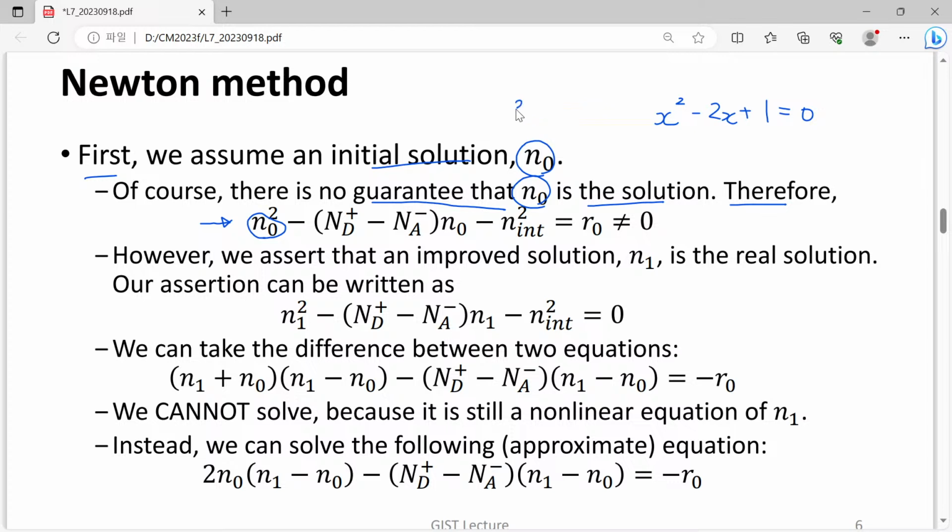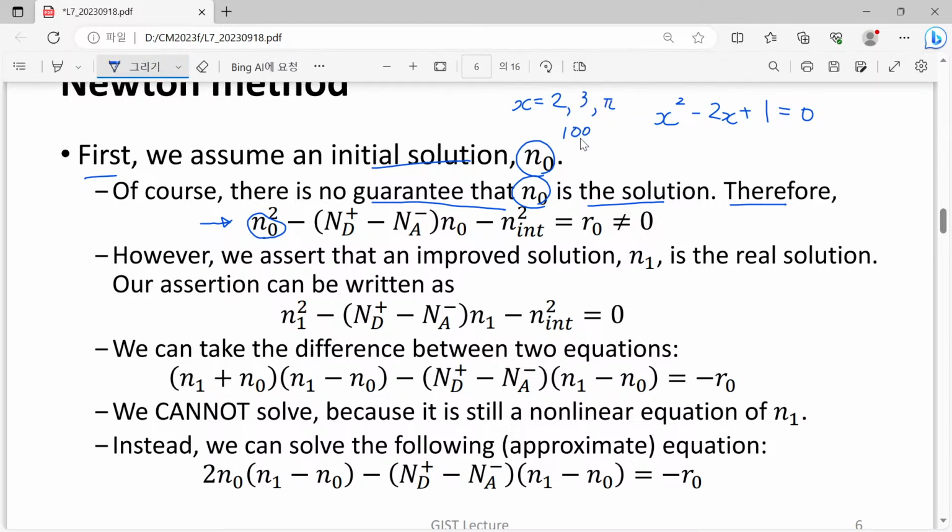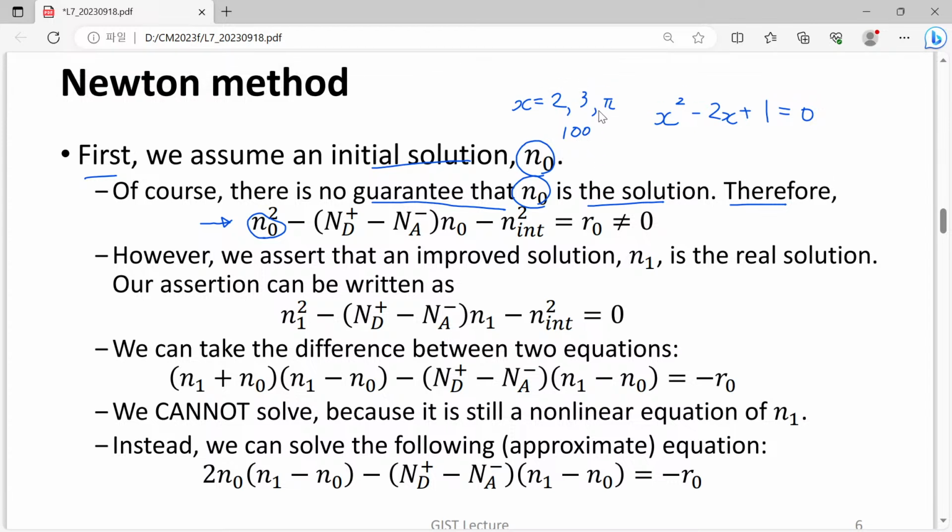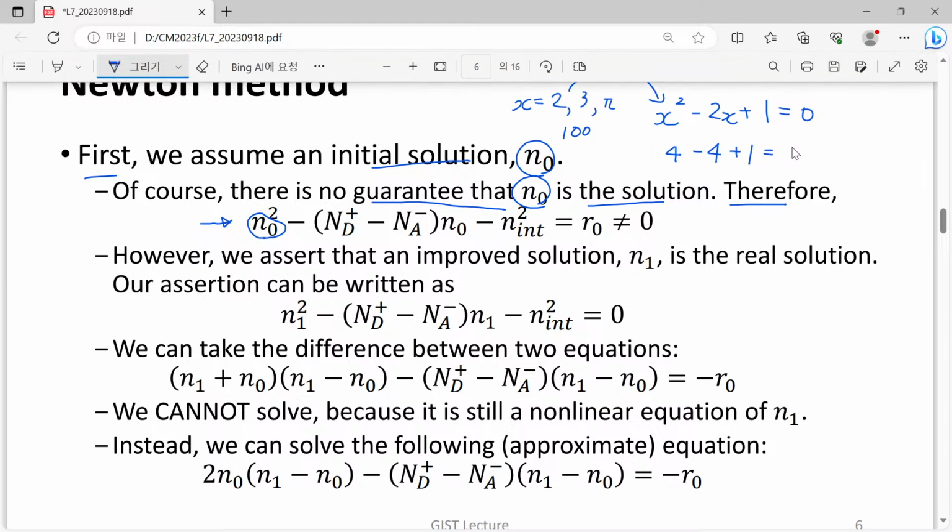Then somebody says, okay, maybe number 2, 3, 5, 100. Anybody can choose any number. Then what will happen? Just insert it. Then 4 minus 4 plus 1 equals 1, which is not 0.